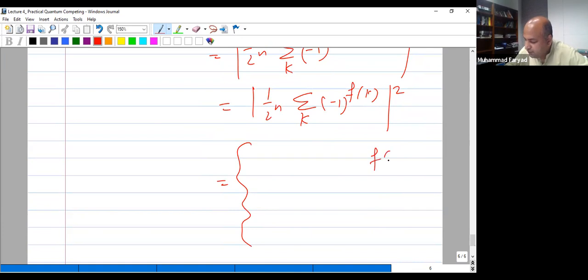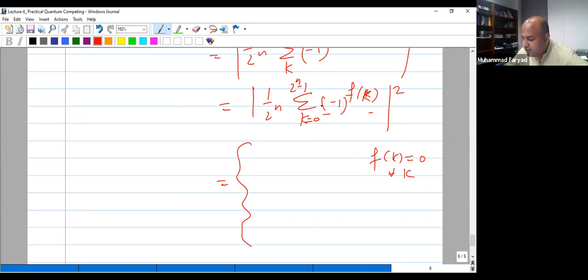Suppose f(k) is 0 for all k. For all possible values of k, f(k) is 0. It means it's a constant function with output 0. So what would happen? (-1) to the power 0 will become 1. So the sum of 1 over k terms, where k goes, in decimal terms, from 0 to 2^n minus 1, because the total number of combinations of k is 2^n.